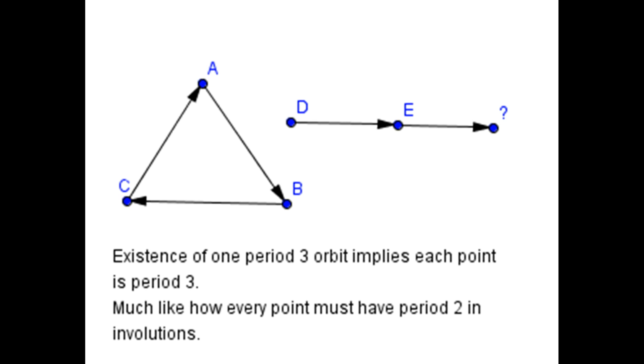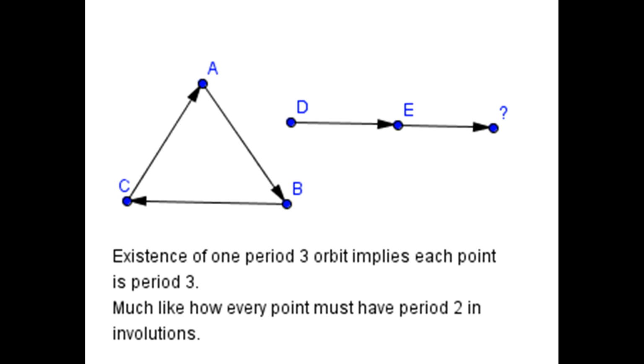Similarly, if we had any other point on a higher period orbit, say a 4 orbit or a 5 orbit, well, 3 steps isn't enough to return that point to its own position. So again, FFF would not be the identity, but we know it is.